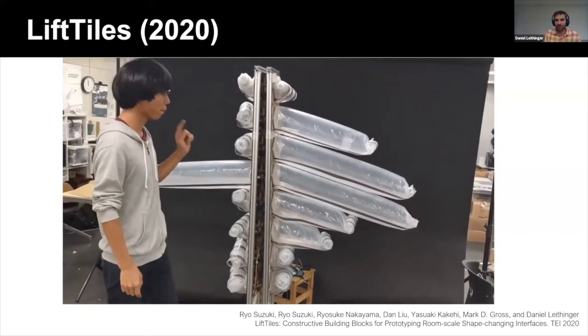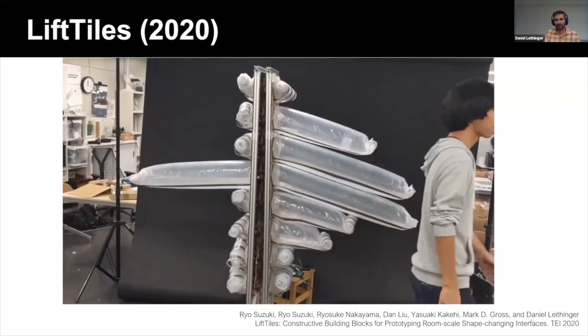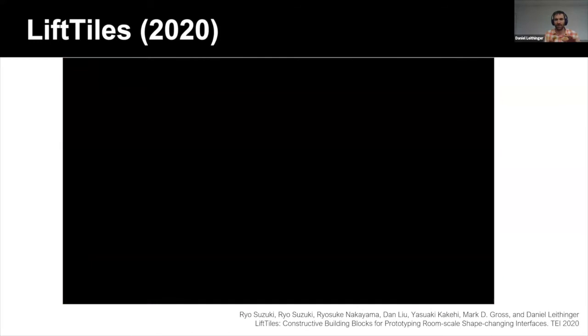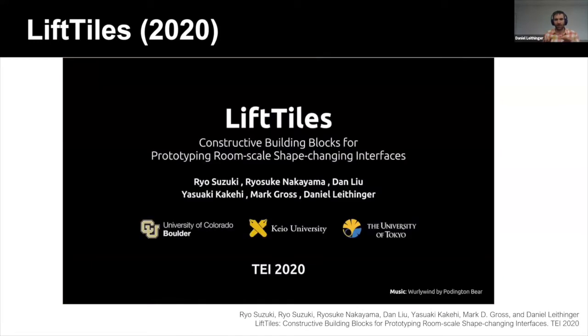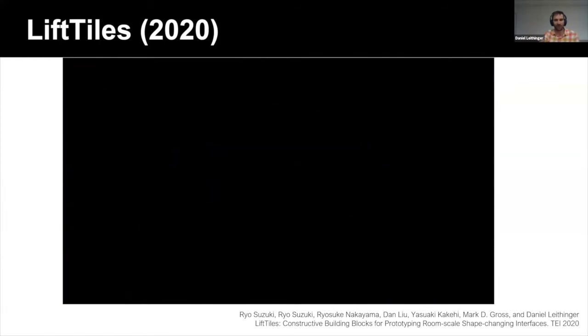Quite low resolution and not very fast, but fascinating in terms of how it feels when you see an object in VR, and you can actually feel a rough approximation of it in the physical world.